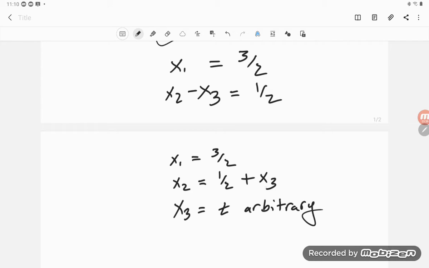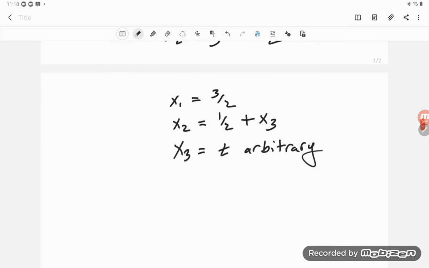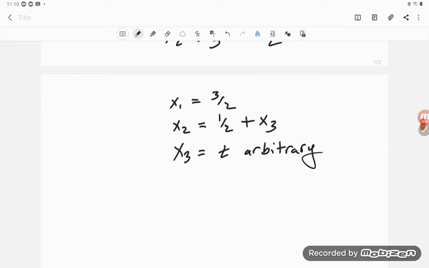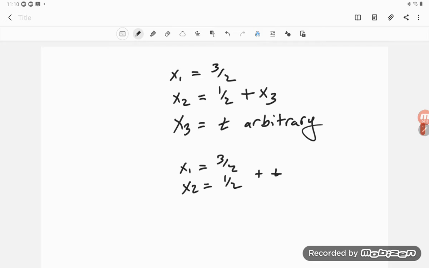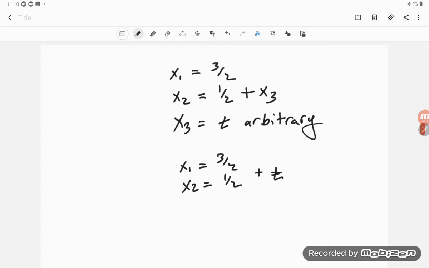And actually, since that's just an x3 there, I could replace that with a t. So I could write this as x1 equals 3/2, x2 equals 1/2 plus t. It's not a very good t, there we go. And then x3 is equal to, and I could write it as 0 plus t.